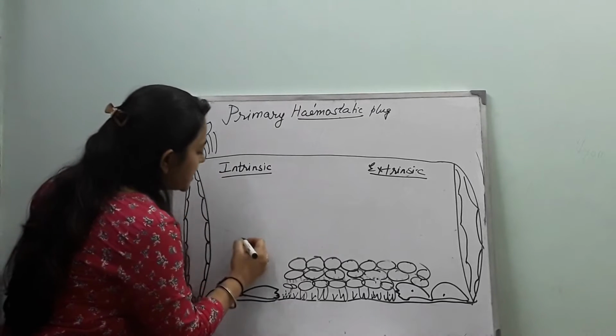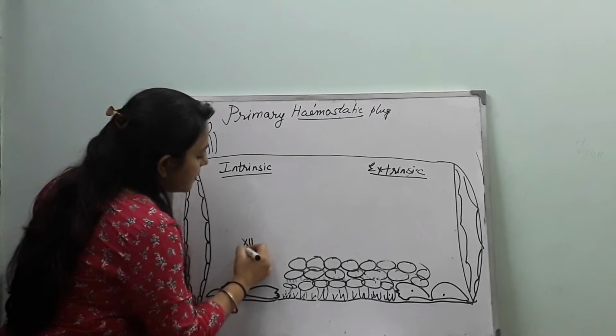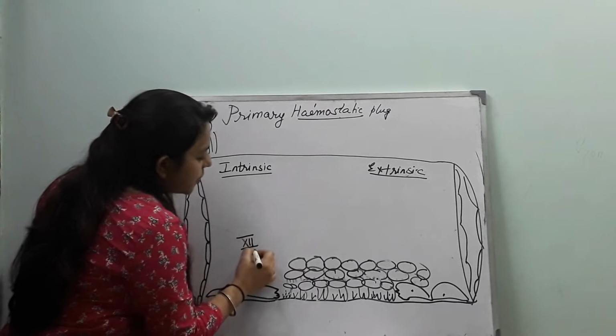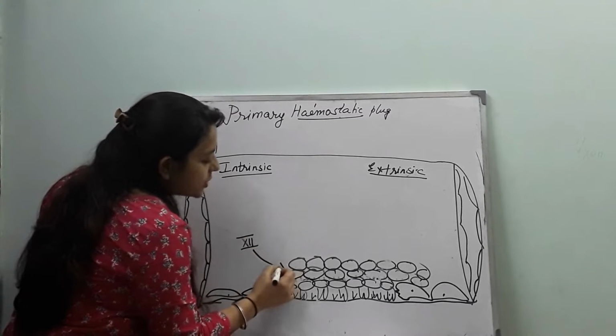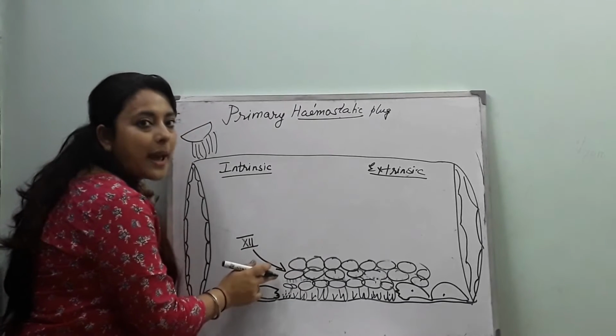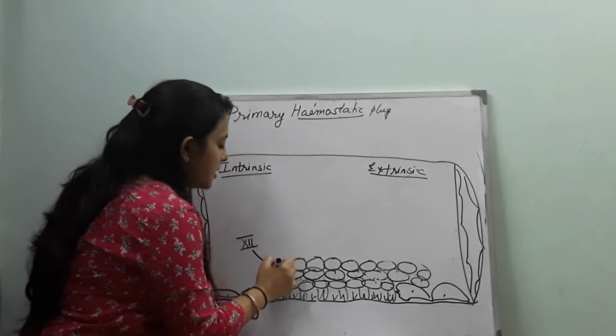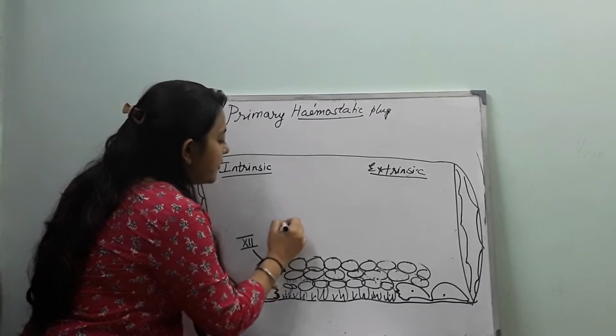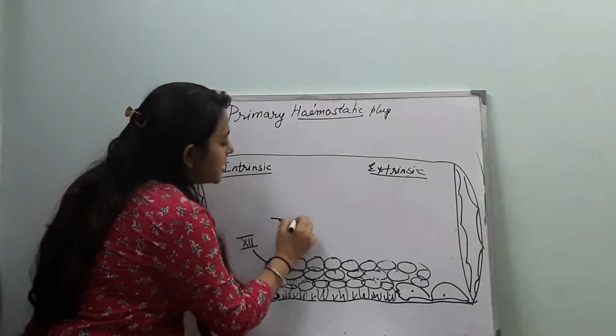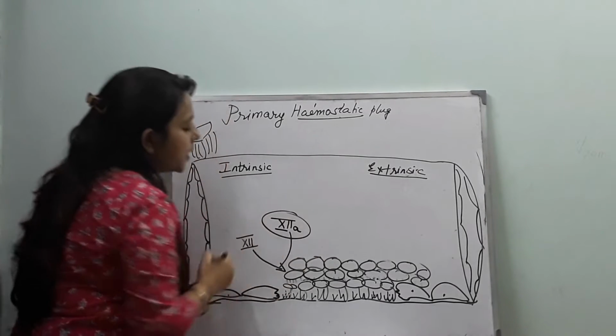Suppose this is factor number 12. As soon as it comes in contact with the damaged platelet or damaged endothelial tissue, it gets activated. Factor 12 becomes activated factor 12.